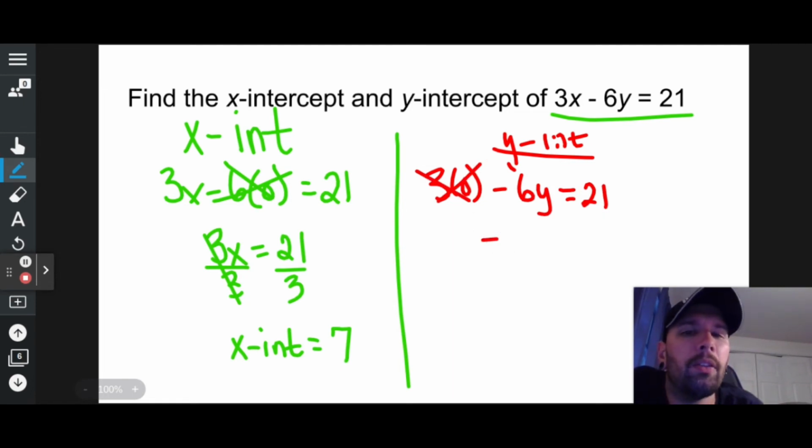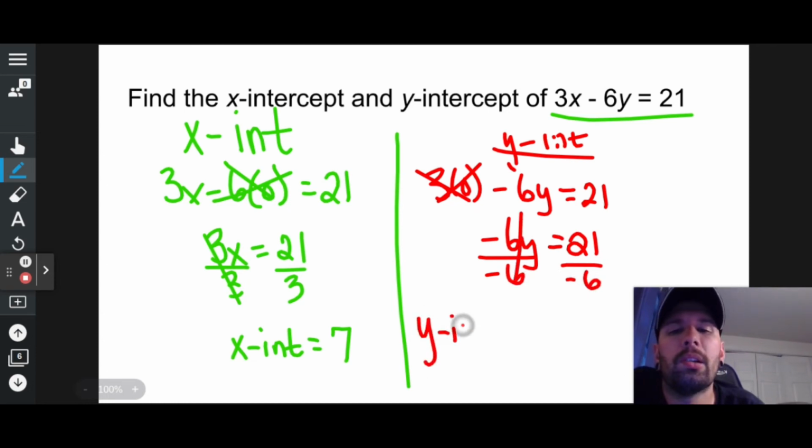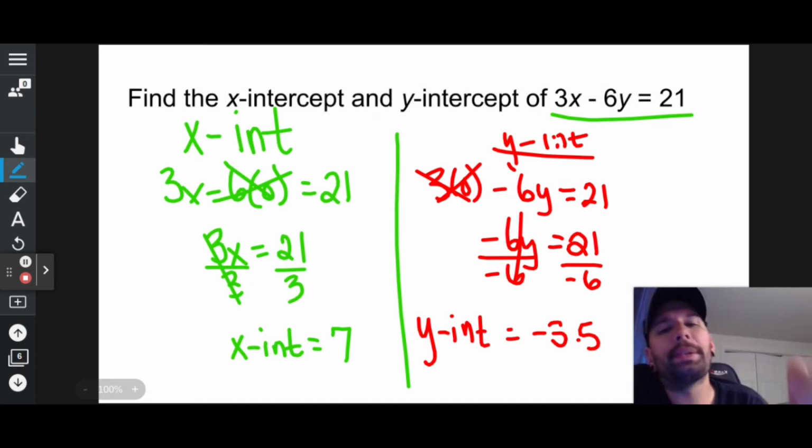Drop down the negative 6y, which equals 21. Divide by negative 6. And the y-intercept is negative 3.5.